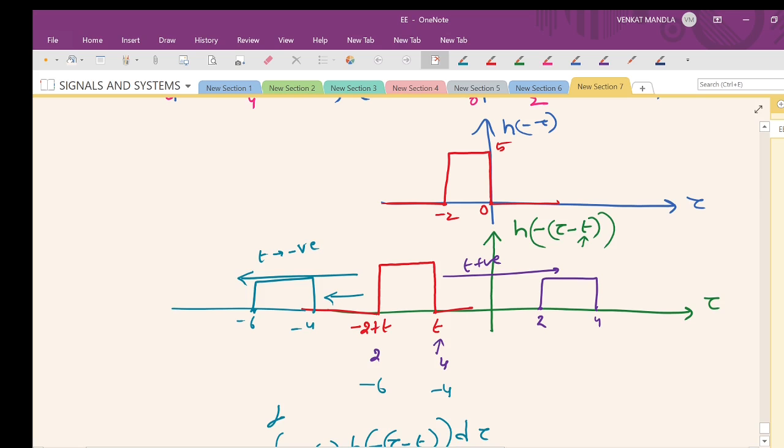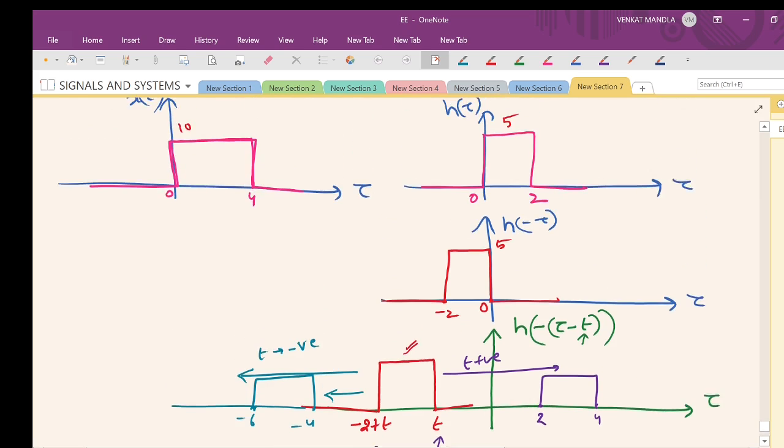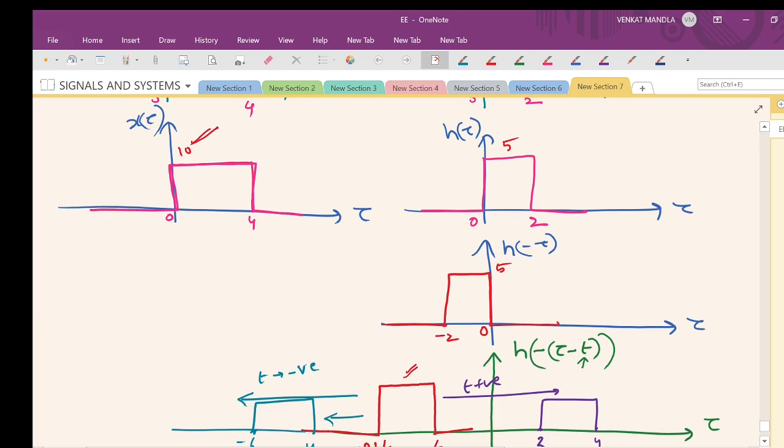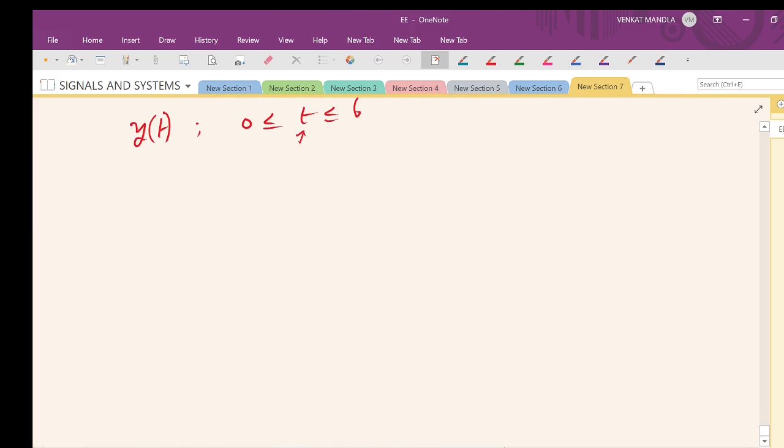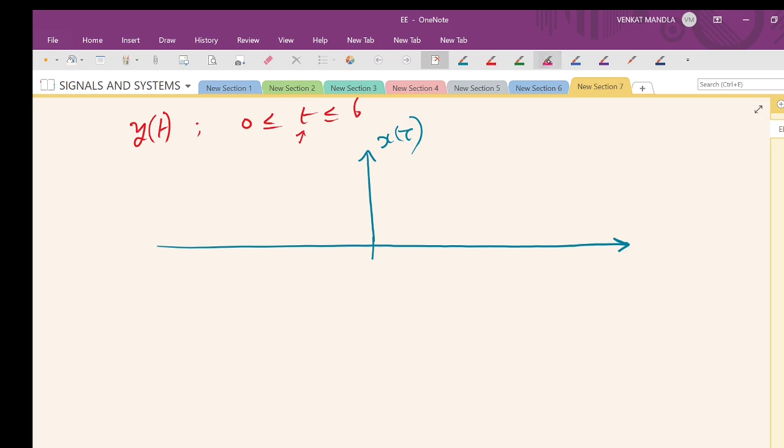Now let us say this is h(t minus tau). I will draw x(tau) and h(t minus tau) one below the other, then it will be easy. This is x(tau), which is from 0 to 4.